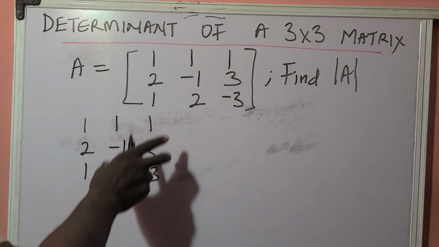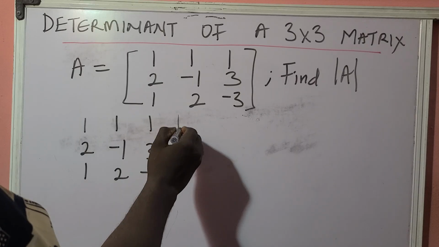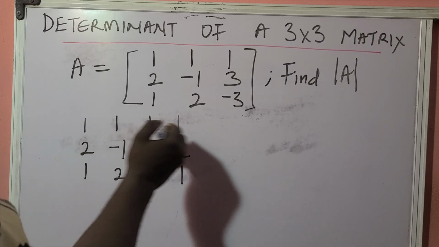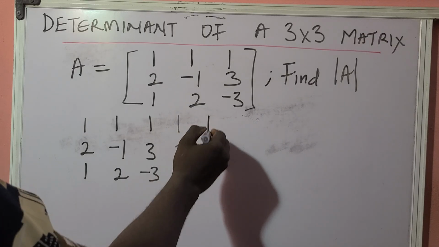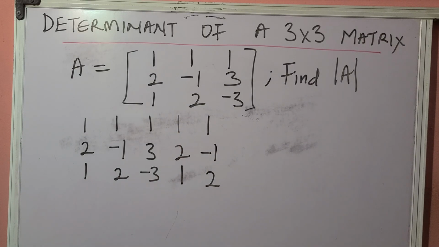So this is matrix A, but we bring column 1, we rewrite it right here, and column 2, we rewrite it again. So you can see right now that we have more like a new matrix, but this is the method we're going to use to find our determinant.